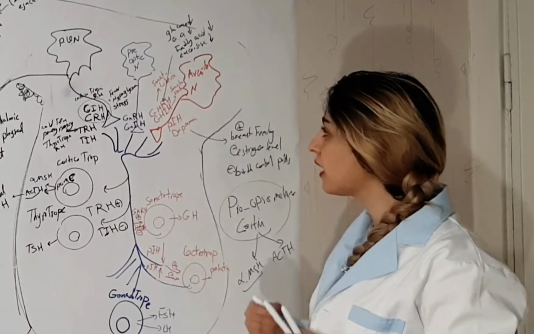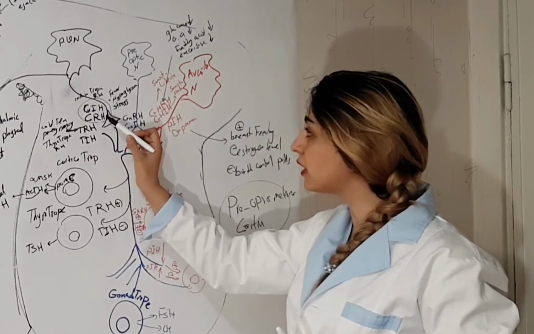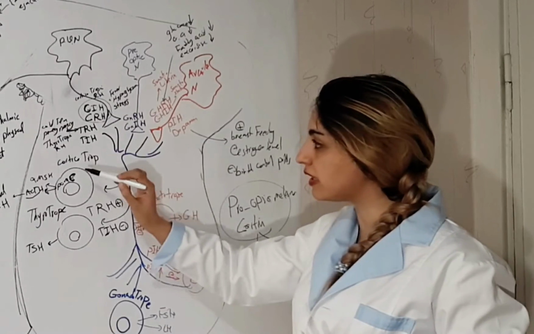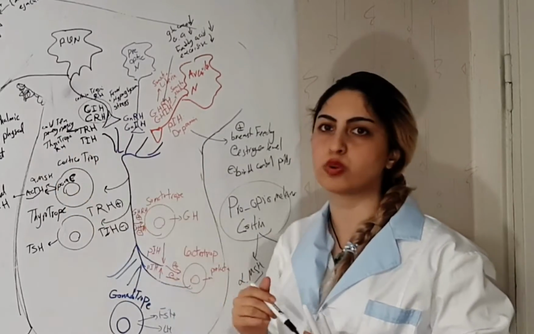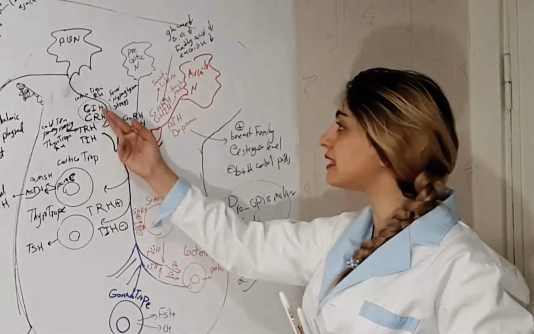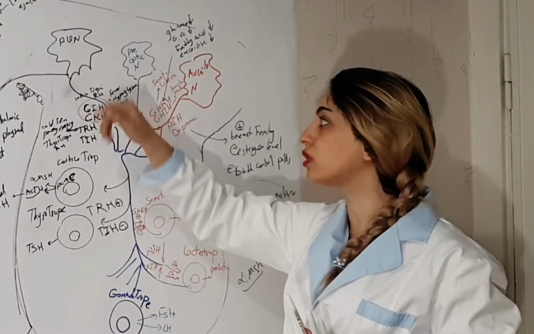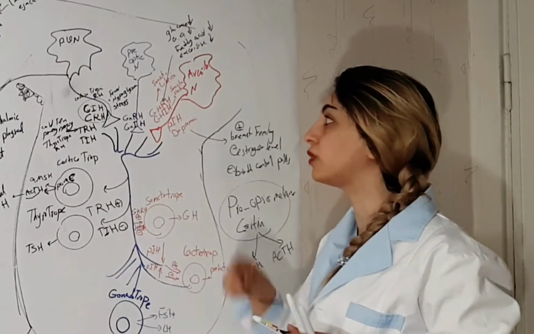But it releases corticotropin inhibitory hormone too, which will inhibit this process. It means we don't have cortisol. Another thing will stimulate this paraventricular nucleus to produce corticotropin releasing hormone. What are those?